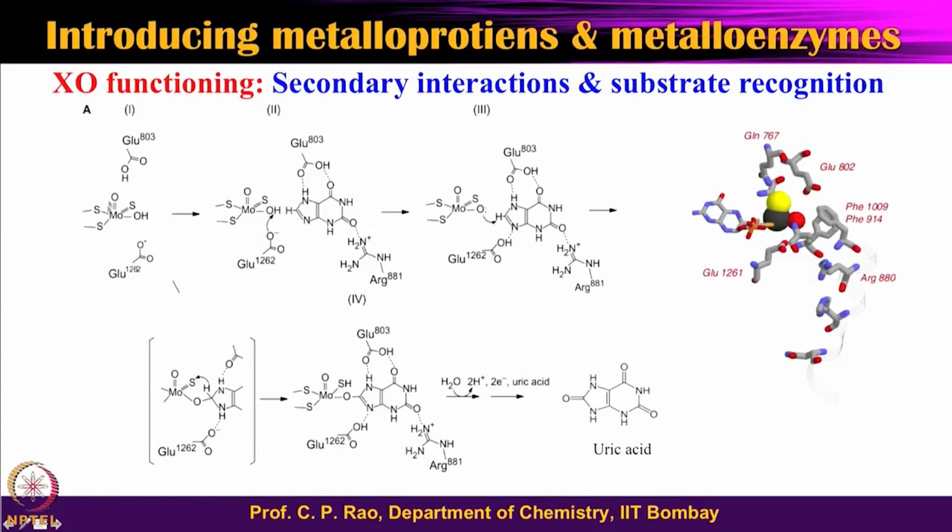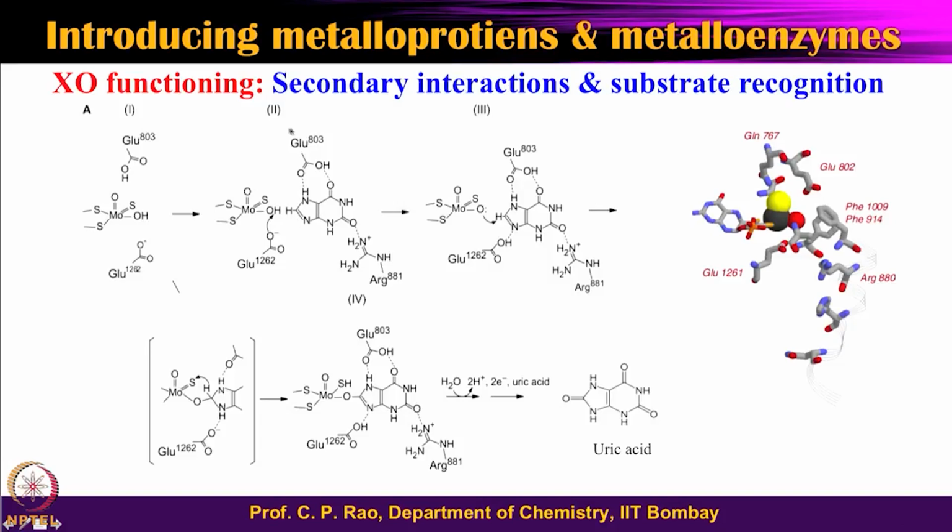So, you have the xanthine oxidase. This glutamate will activate by knocking out this proton, and therefore this becomes O minus, and that will attack the center. How does it know this position?